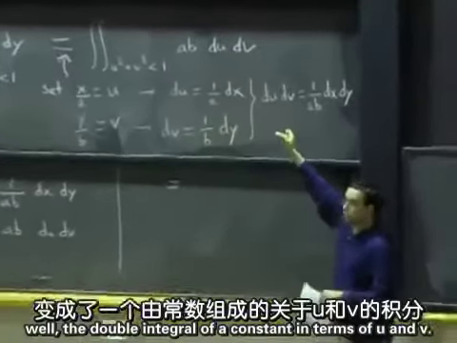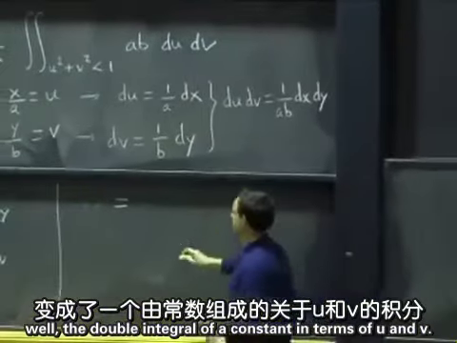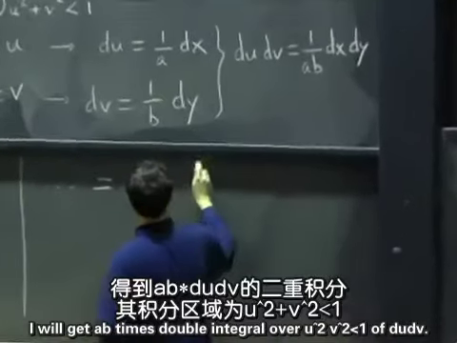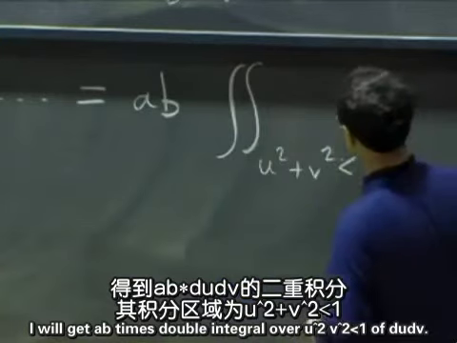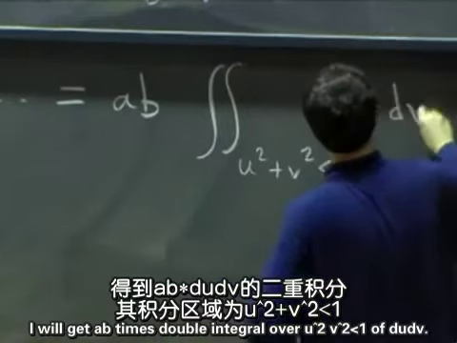Now my double integral becomes the double integral of a constant in terms of u and v, so I can take the constant out. I will get AB times the double integral over u^2 + v^2 less than 1 of du dv.